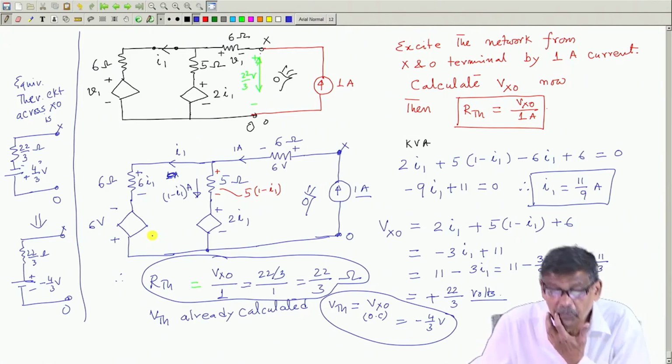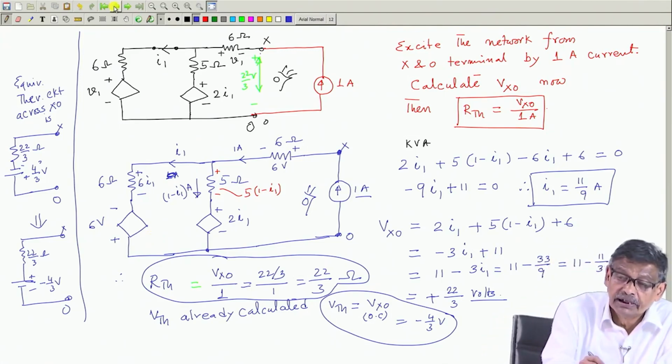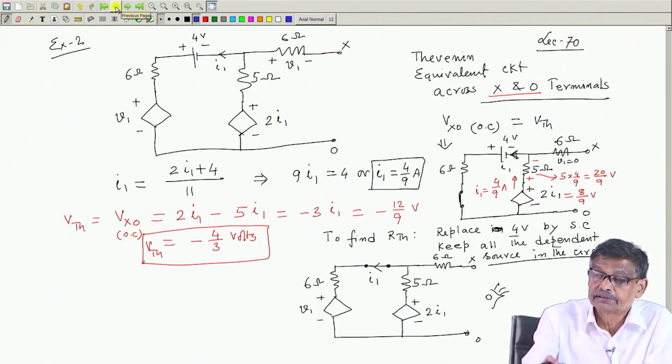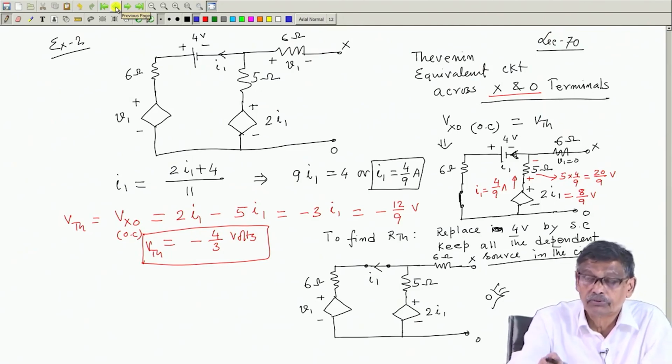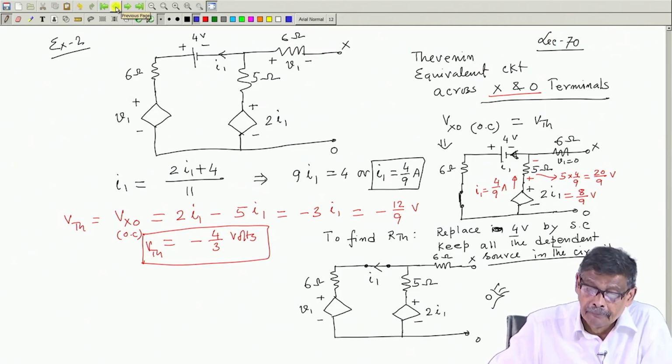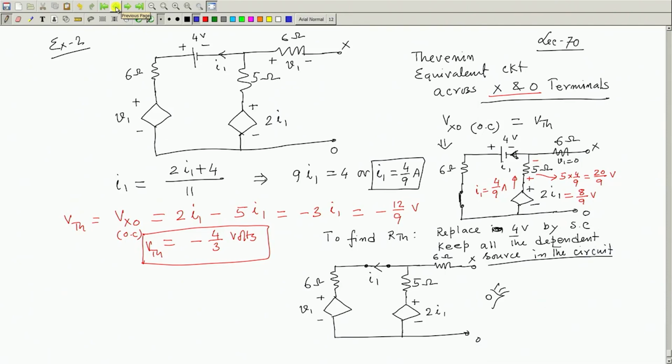Another way I told you is that you have already calculated V Thevenin's, you have got it. That is what I will also do for this network. So, open circuit voltage you calculate like this. Then what you do, you calculate the short circuit current, whatever will be flowing. So, another way of doing it is to calculate the short circuit current.